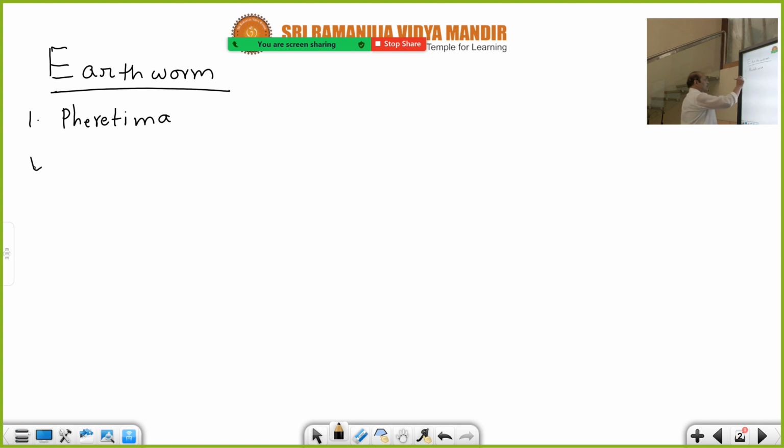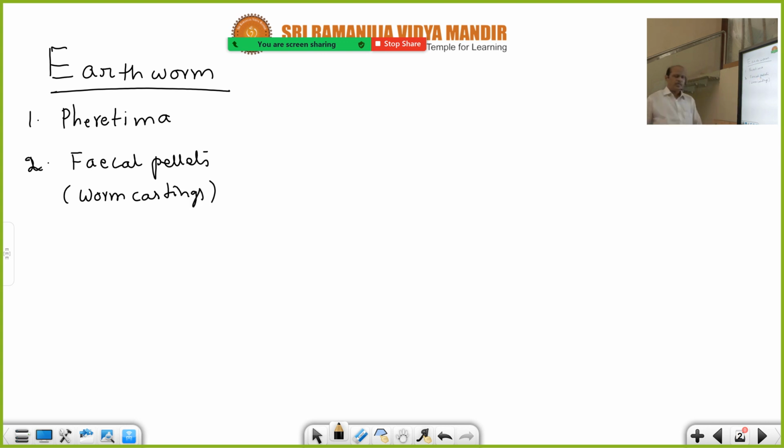Earthworms can be identified in parks and gardens by their fecal pellets. Their fecal deposits are called worm castings. If you sit in a park or garden and find these worm castings, definitely earthworms are there.